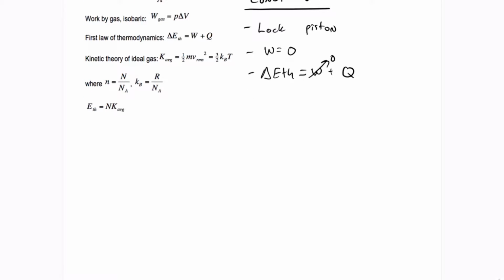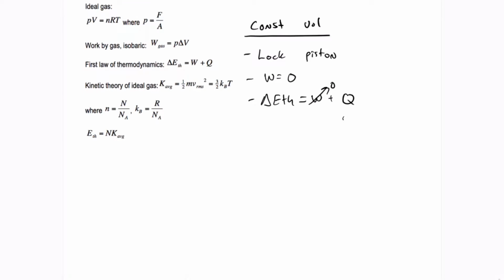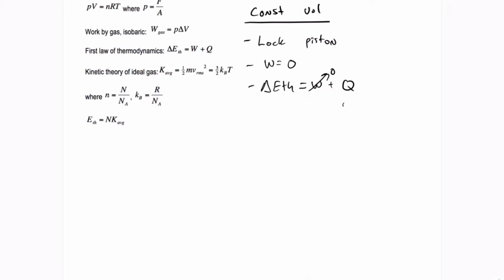Now you're saying, well, we're looking for this Q, and knowing that it's going to equal the change in thermal energy, that doesn't really help. But we can maybe figure something out about this change in thermal energy if we consider that the thermal energy is equal to N, the number of particles, times the average kinetic energy of those particles.